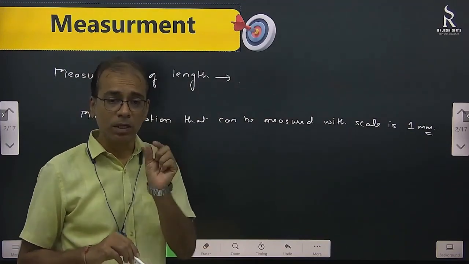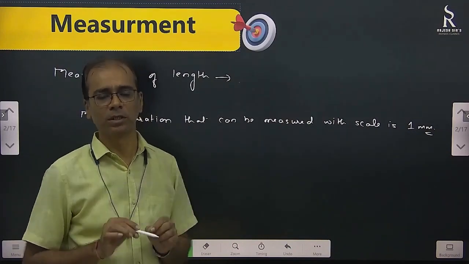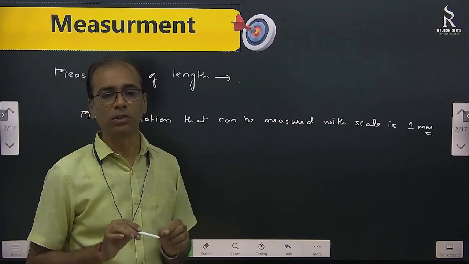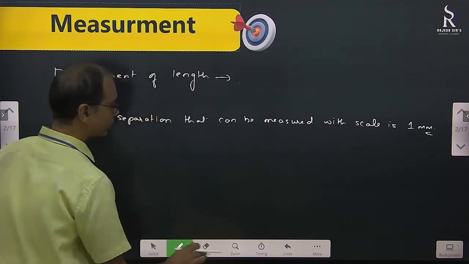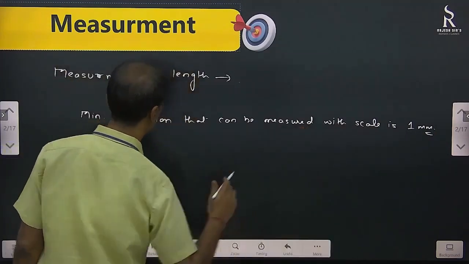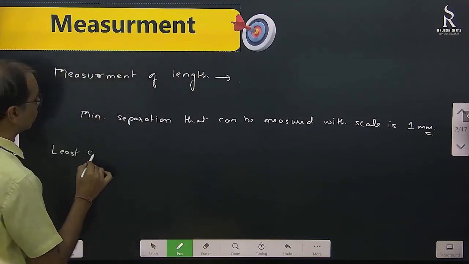Okay, so this minimum separation between two graduations, or the minimum distance that we can measure with any instrument, is called least count. What is least count? See the word: least count.